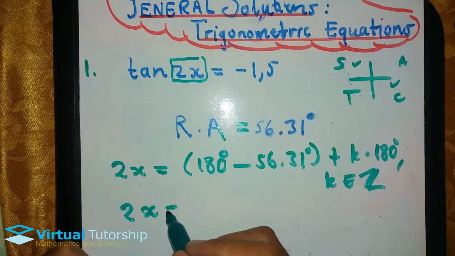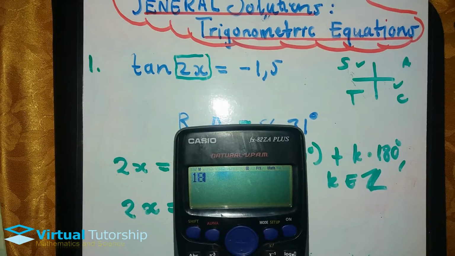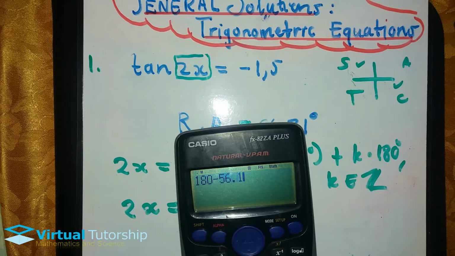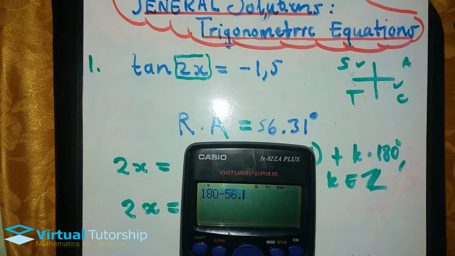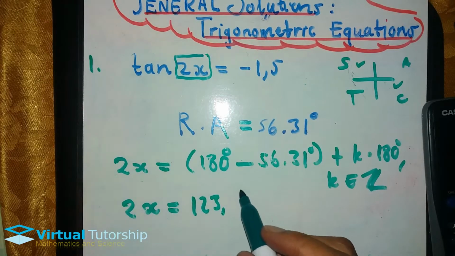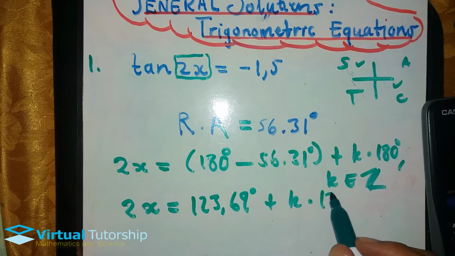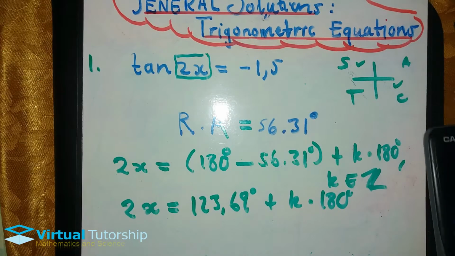So 2x is equal to 180 minus 56.31 is equal to 123.69 degrees plus k 180 degrees.